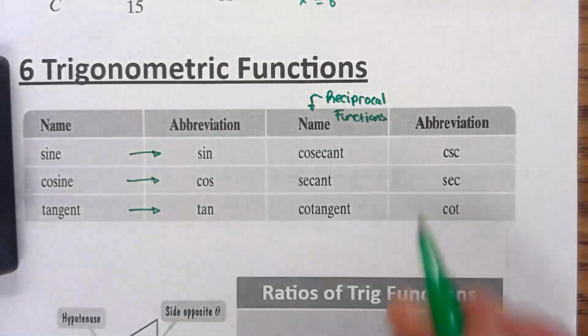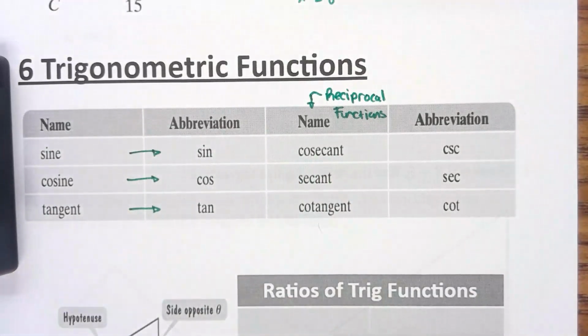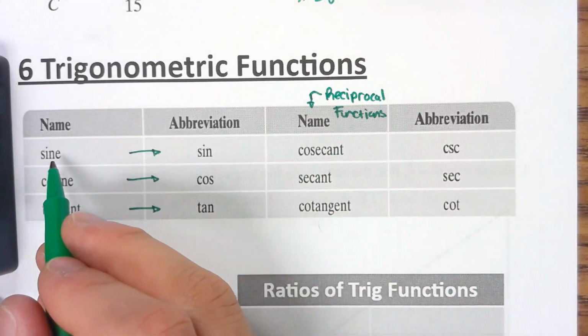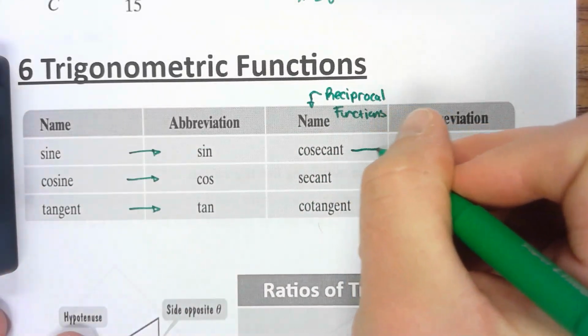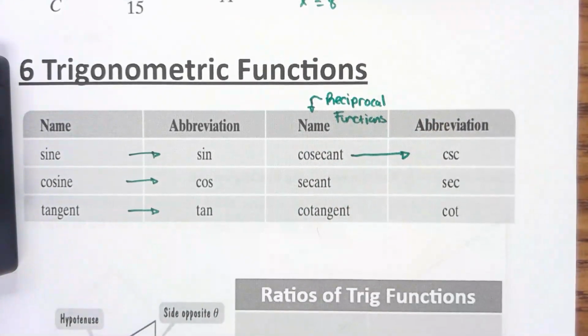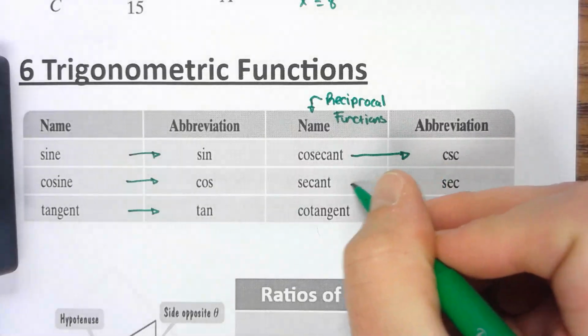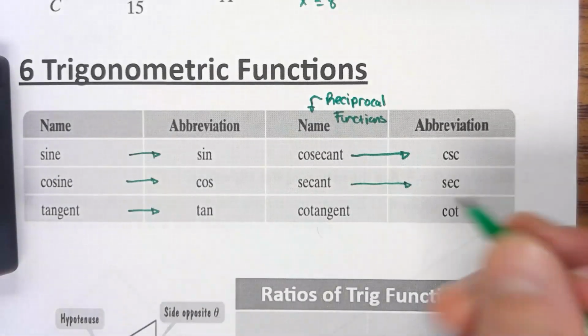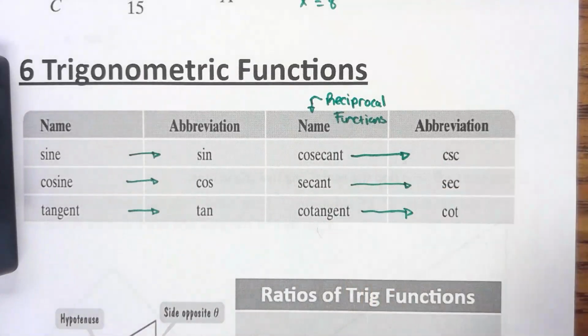So cosecant, technically, and we'll get to all of this here in a second, cosecant is the flipped version of sine. So it is the reciprocal. So sine and cosecant are reciprocal functions of one another. Cosine and secant are reciprocal functions of one another. And cotangent and tangent are reciprocal functions of one another.